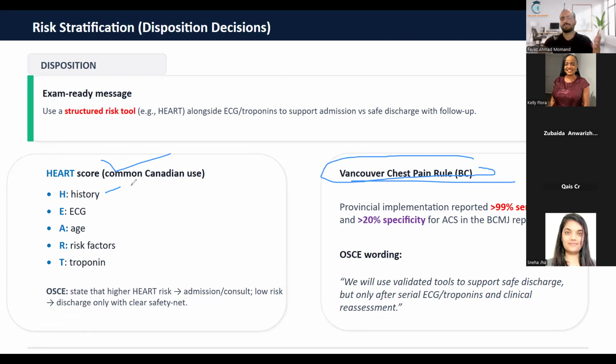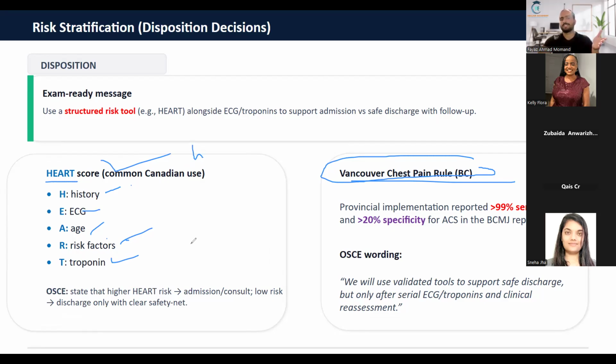Risk factors like smoking, high blood pressure, diabetes, high cholesterol. If the patient has 3 or more risk factors for myocardial infarction, the patient is considered high risk based on the HEART score. We will look at ECG, age, and again, the risk factors we already discussed, and troponin levels. And this will give us our next steps.